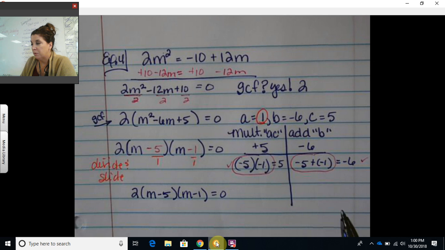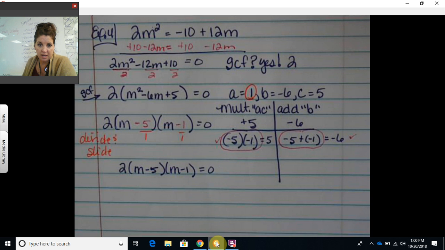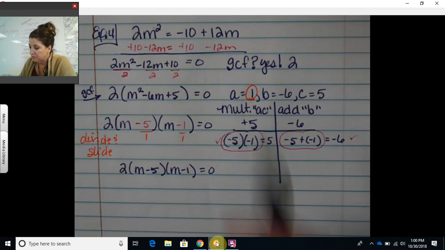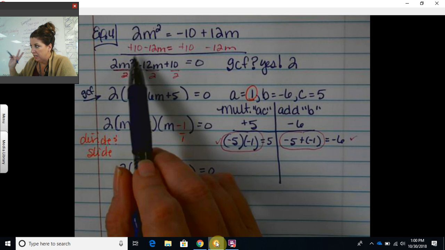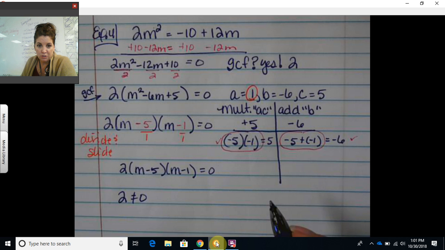Are those my solutions? No. How many factors do we have? 3. How many solutions are we going to have? 2. When 2 degrees is your highest, that means you can have a maximum of 2 solutions. You can't have more than that. So you know you're not going to have 3 solutions. And you know 2 does not equal 0. So 2 is a factor, not a solution.